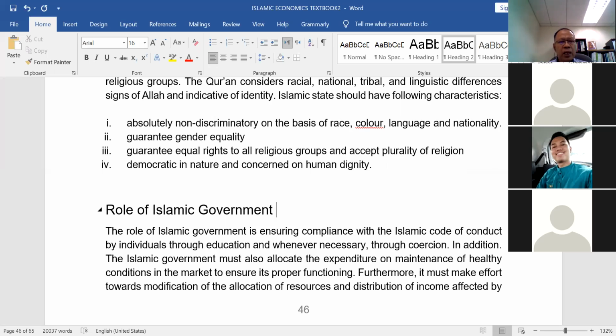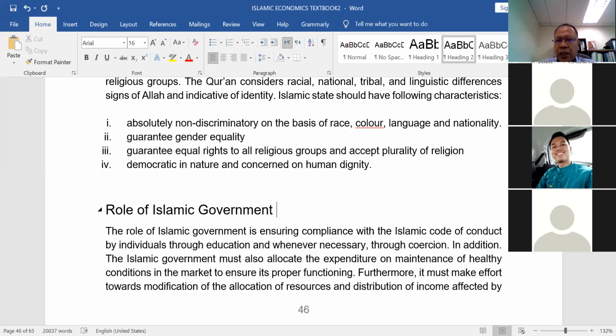So, peranan sebuah negara Islam atau sebuah kerajaan Islam ialah untuk memastikan bahawa code of ethics, perlakuan Islam itu dipatuhi oleh individu. Okey.